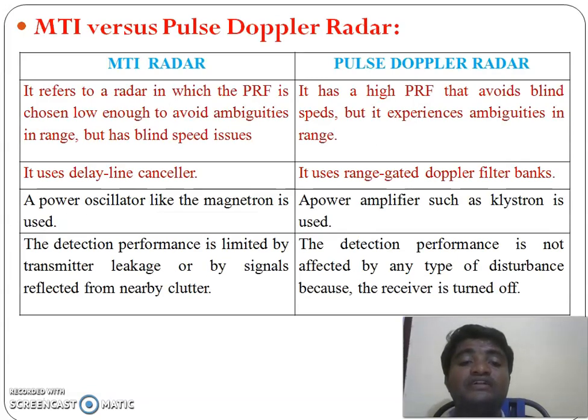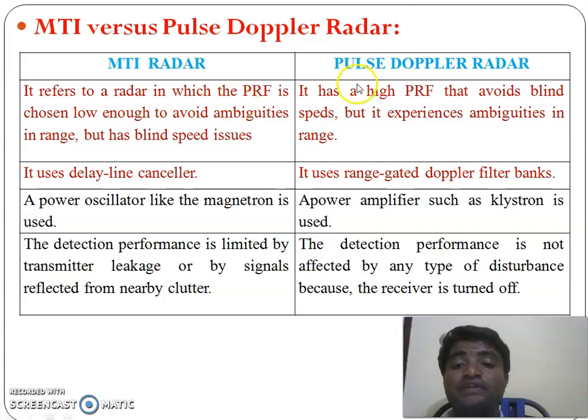And the next concept is the difference between MTI and Pulse Doppler radar. The MTI radar refers to a radar in which the pulse repetition frequency is low enough to avoid ambiguities in range, but it has blind speeds. In MTI radar, the ambiguities in range are fewer, but blind speed issues are there.